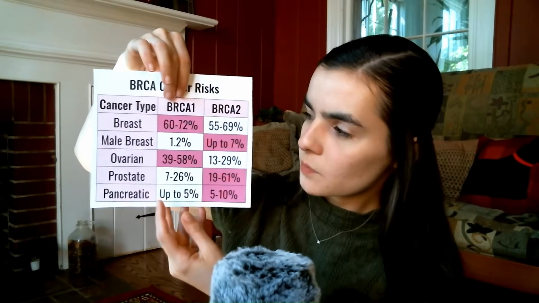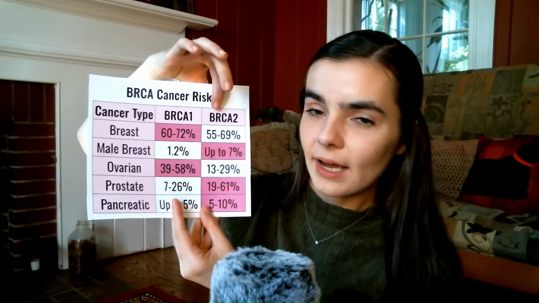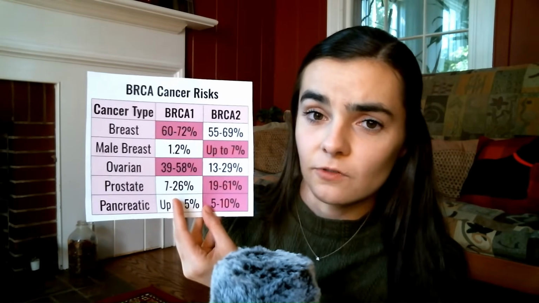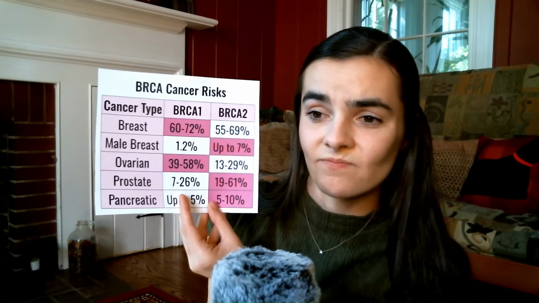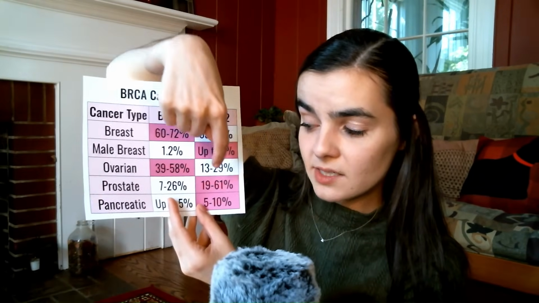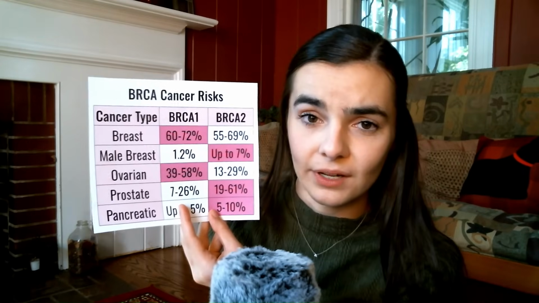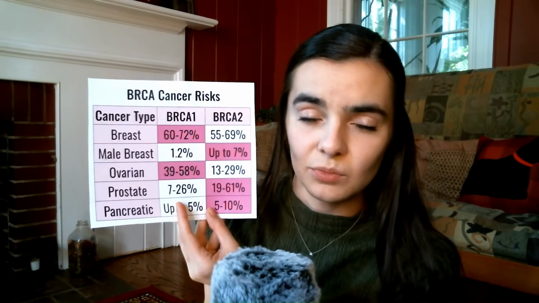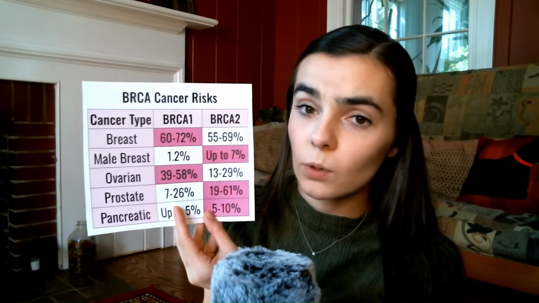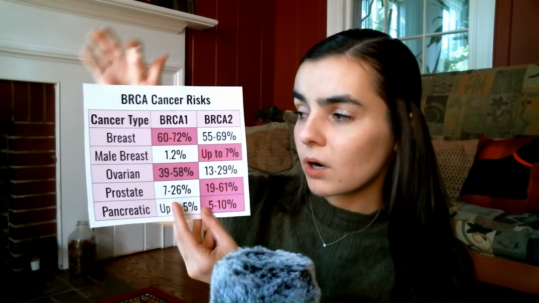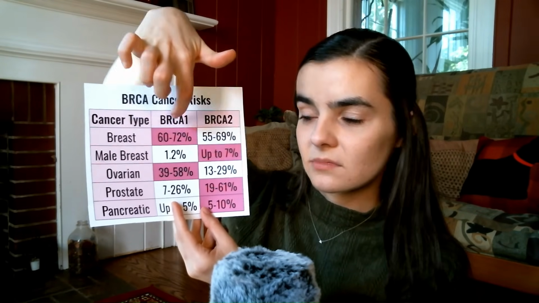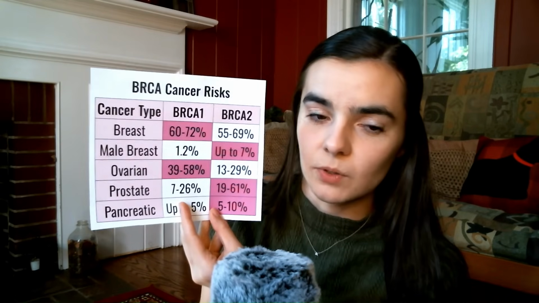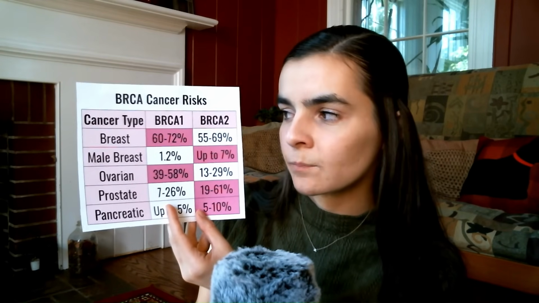So for the most part, BRCA2 is definitely higher risk for men, just because male breast, prostate, and pancreatic are the three that males can get, and those are all higher with BRCA2, so it's definitely worse for men. BRCA1 has a little bit higher risks for women, so probably worse there.